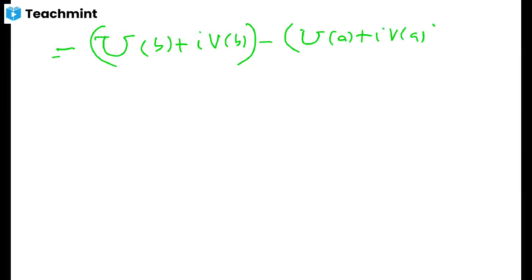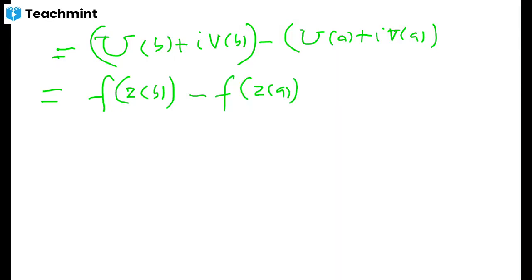Now giving back the values of U and V at these points, this will be f of z of b, and this will be f of z of a. z of b is the terminal point.